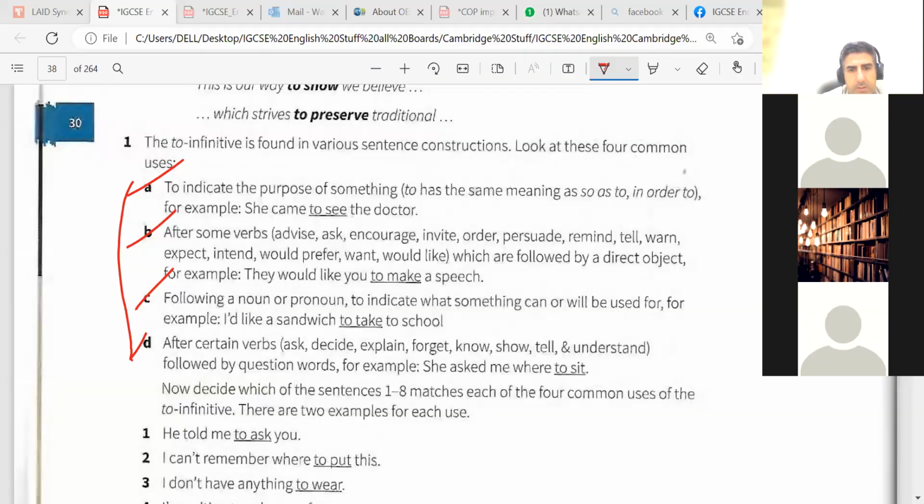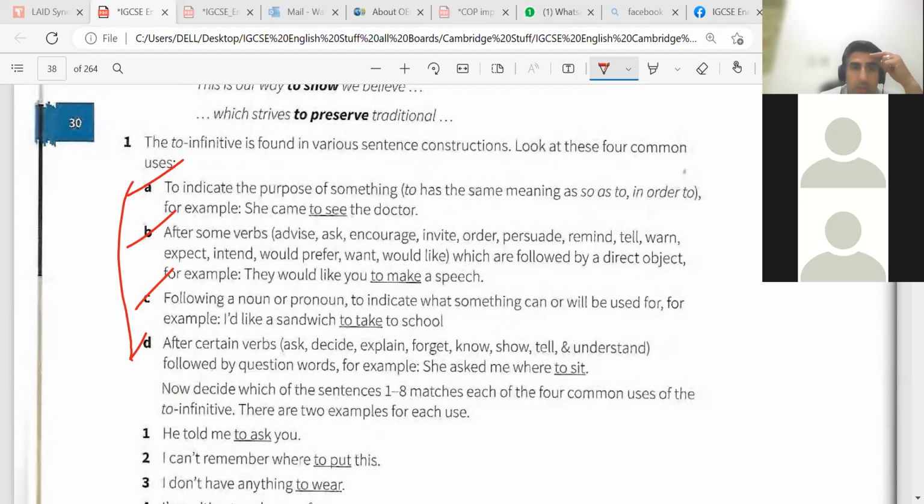Please consider the given to infinitive in sentences A, B, C, and D. The first one: She came to see the doctor.